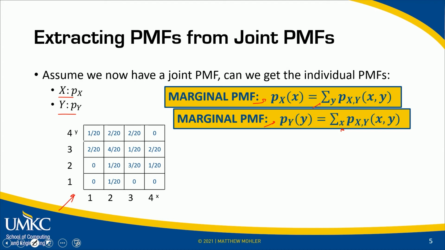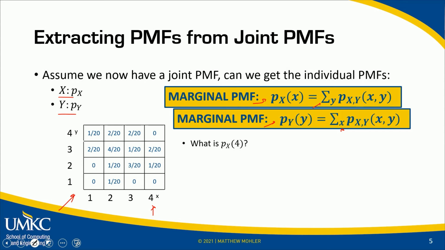So looking at some specific examples here, what is the PMF of X for little x equals 4? What is the probability that the random variable X is equal to 4? In this case, we can very easily say that X equal to 4 is this column here.